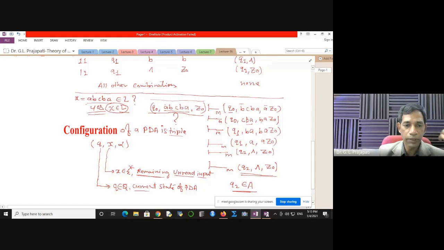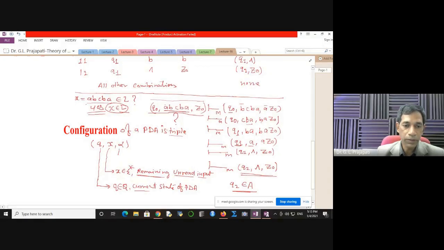If you are at the state Q, which is the current state of the machine, you may ask what strings you have to read next. Whenever your machine is at the beginning and you have been given A, B, C, B, A, this is the remaining input to be read. So remaining, unread input means what the machine has yet to read.